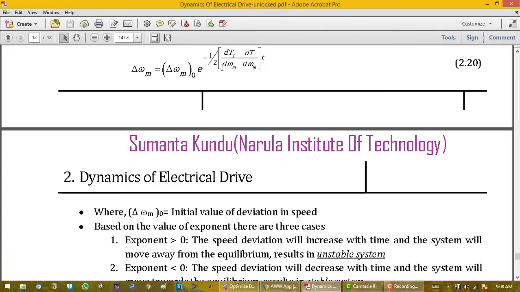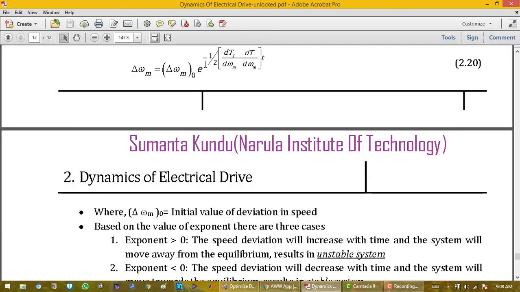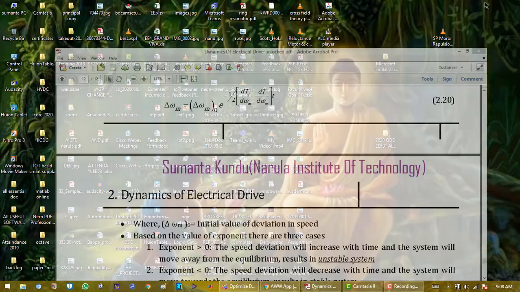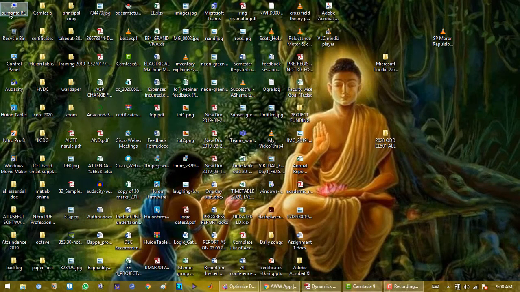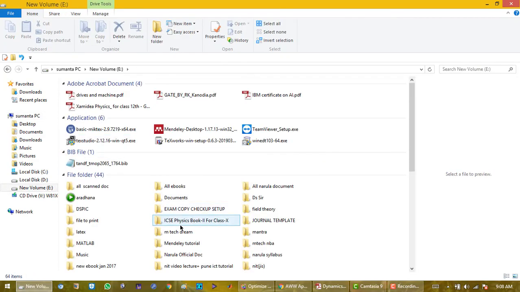Then only e to the power something negative will become a decreasing curve, so we can say the system is stable. So this is all about the stability of the system.